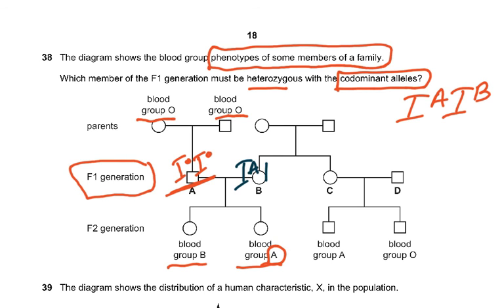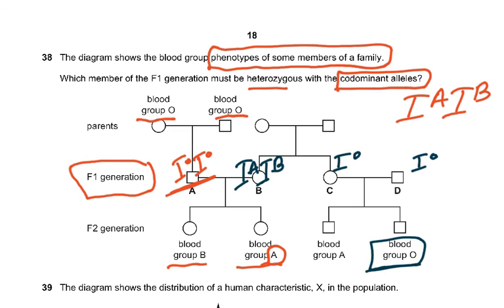Okay. But why are answers C and D incorrect? This is what I want you to understand. Blood group O means the child has blood group O, and the parents are C and D. So one IO has come from C and one IO has come from D. But then they have a blood group A as well.